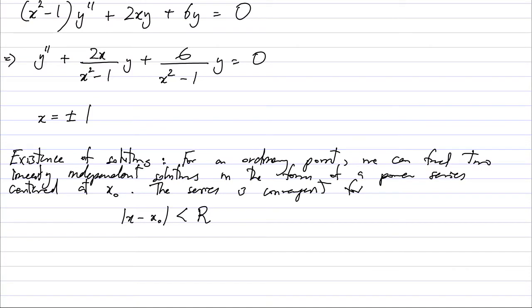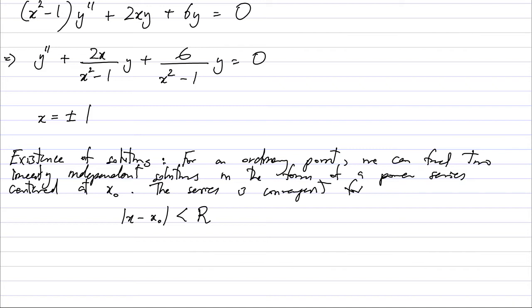So that's what we have. If you have a second order linear differential equation and you write down the power series about an ordinary point, then you can substitute that power series into your differential equation. You'll find two independent power series, and so you have essentially found two linearly independent solutions to your differential equation.